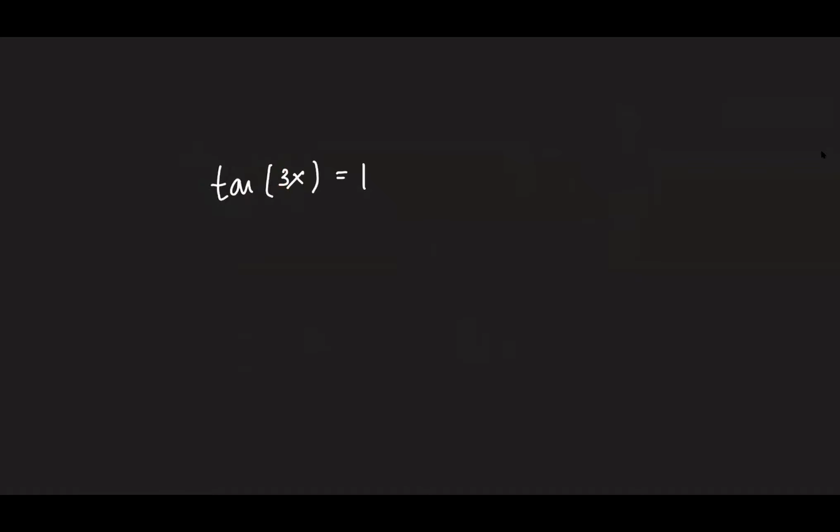So I'm going to undo my tangent function, and what I get is 3x is equal to the arctan of 1. Arctan of 1, we saw just like before, is equal to pi over 4.